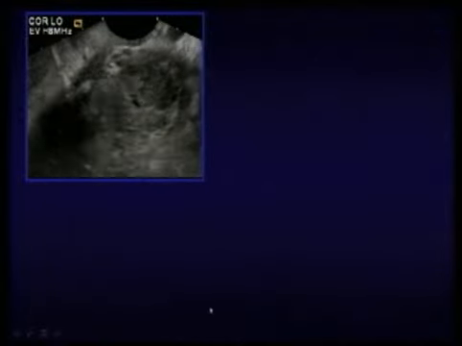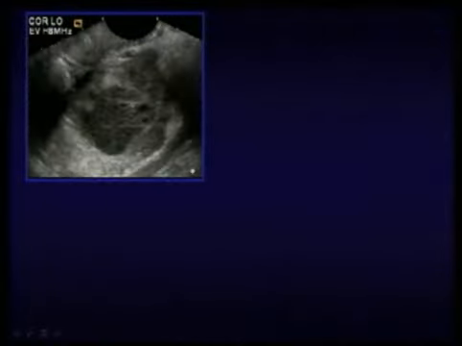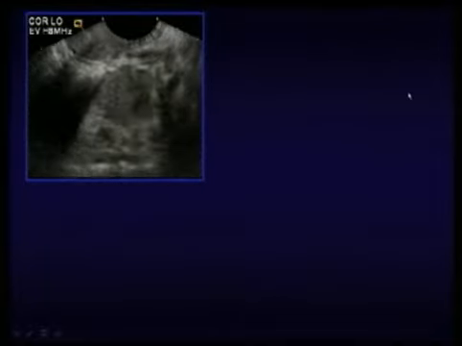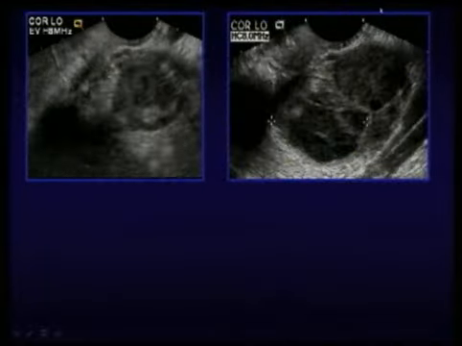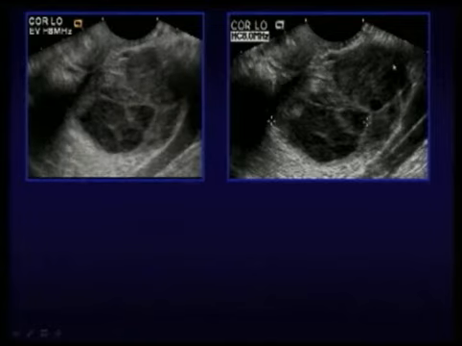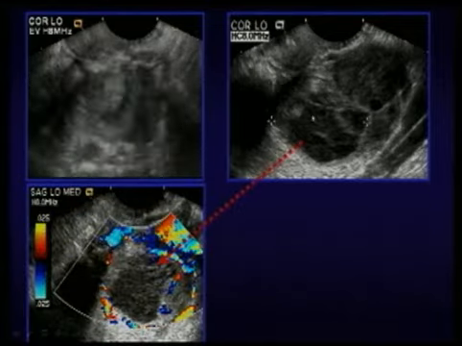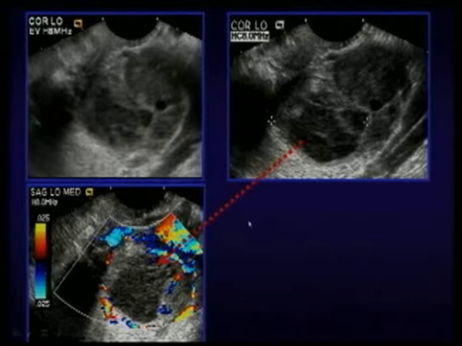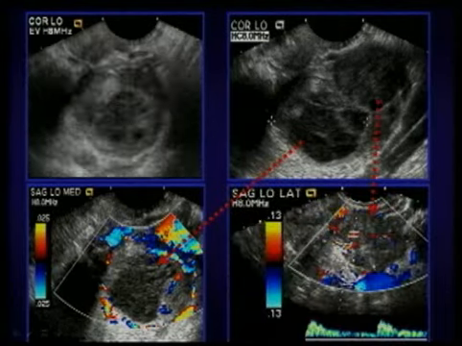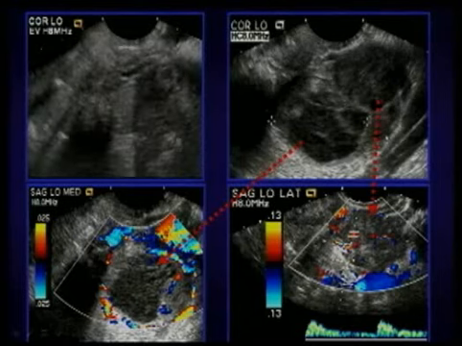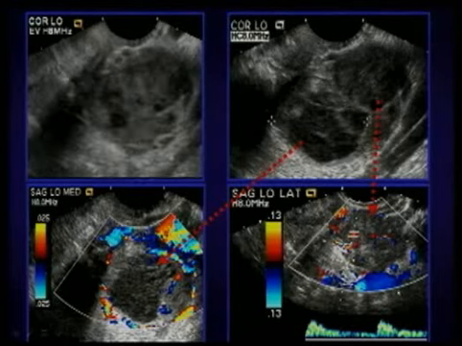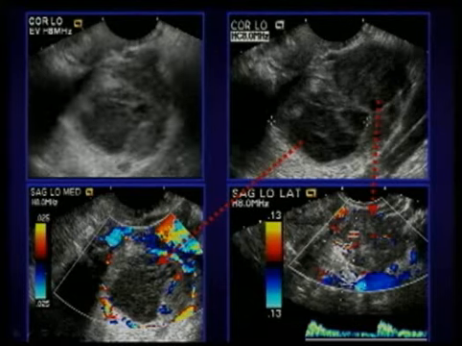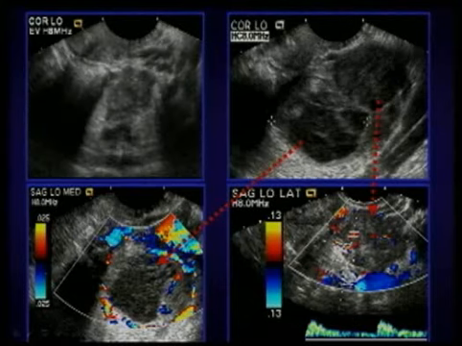What about this case? I believe this may be my last case. It looks like it could be complex fluid, but you can never say that because you don't know until you put color on. This component had no flow, so it's probably hemorrhagic, so you might not need to follow it. But the other component, unfortunately, was not cystic, was not a complex cyst, was a solid mass, and this has obviously flow.